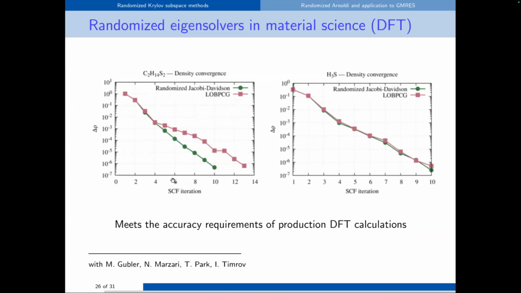And we have replaced the eigenvalue solver, which uses LOBPCG, with a randomized Jacobi-Davidson version. And then we look at the convergence of this method over the iterations for two different systems. And what we observe here is that it either behaves as LOBPCG or sometimes it can behave even better. So it can be even more accurate.